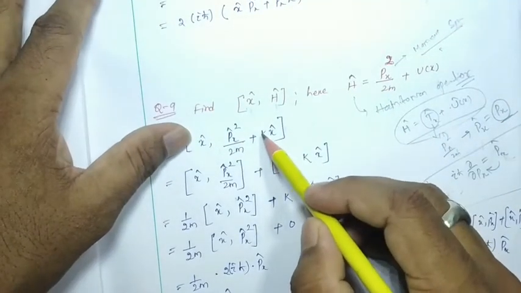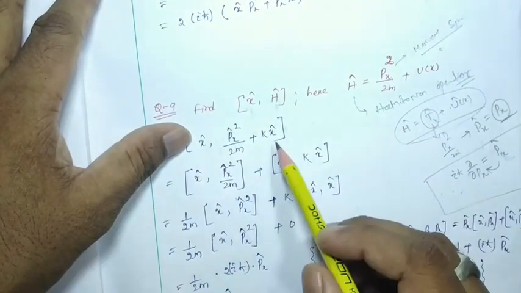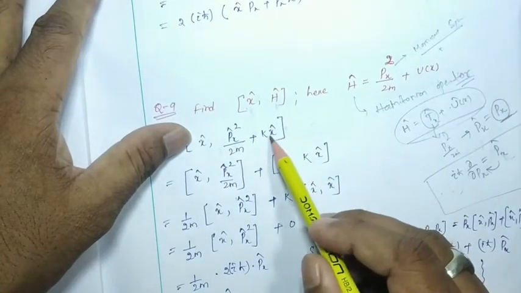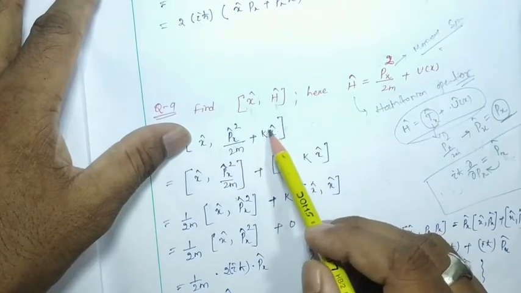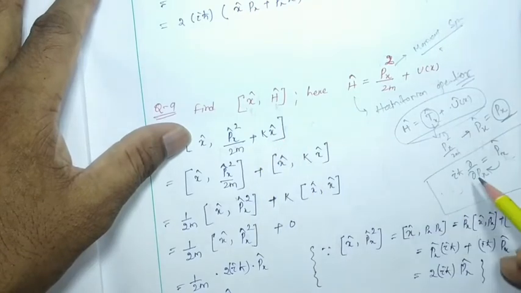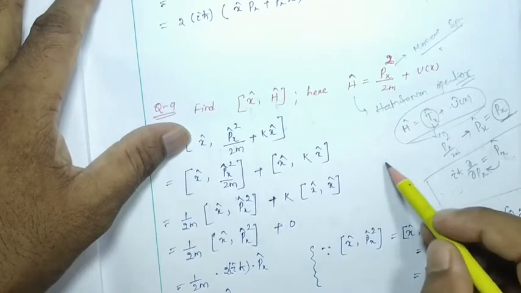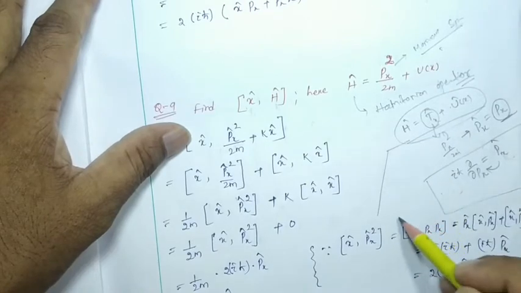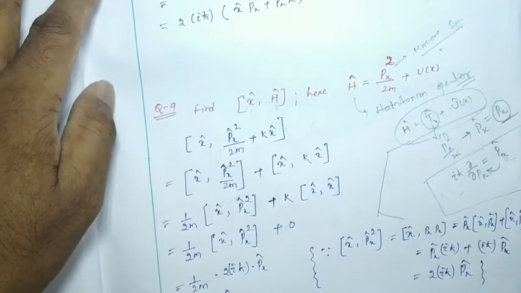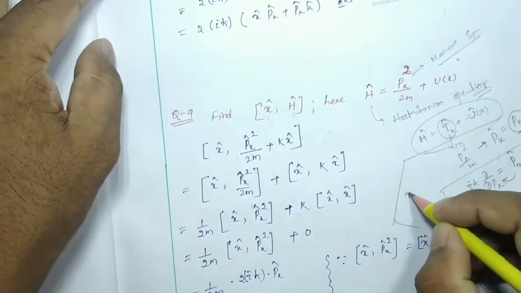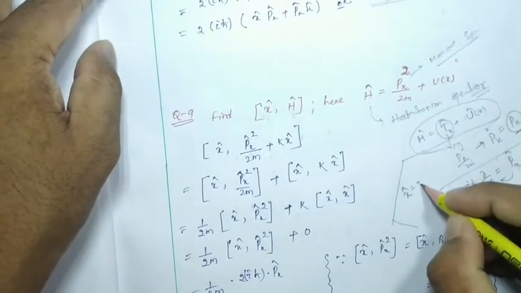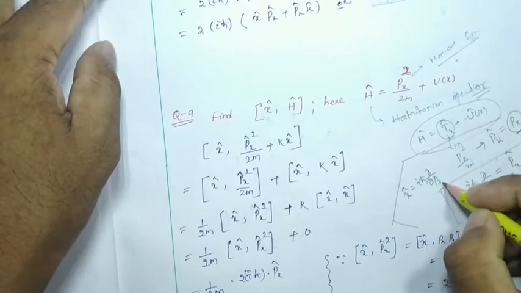Now here k x cap. Here x cap also represents the momentum space. I am not going to write the value of x cap, because x cap is in the momentum space. In the momentum space, the position operator is nothing but iħ ∂/∂px.